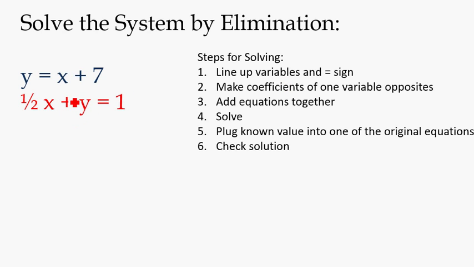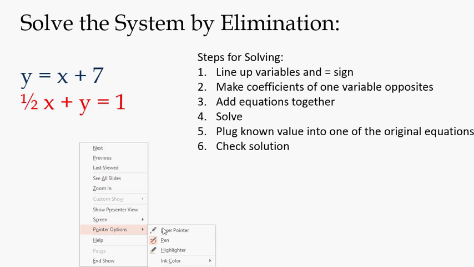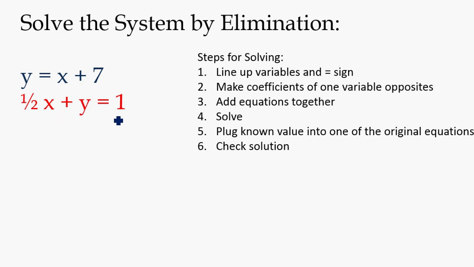What we need is for these to look the same. So usually we do the x term, then the y term, then the equal sign. So I'm going to take this blue equation here and rearrange it so that it is in the same order as the red equation, and that'll take care of step 1.